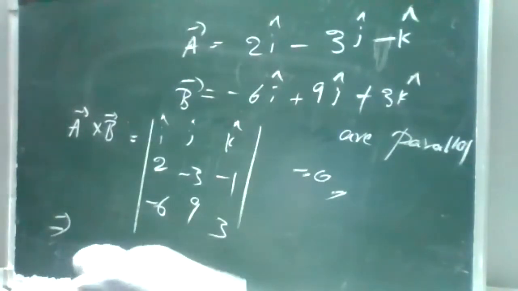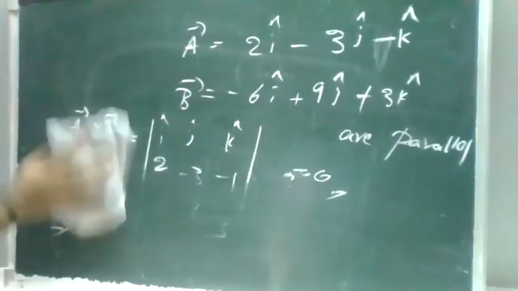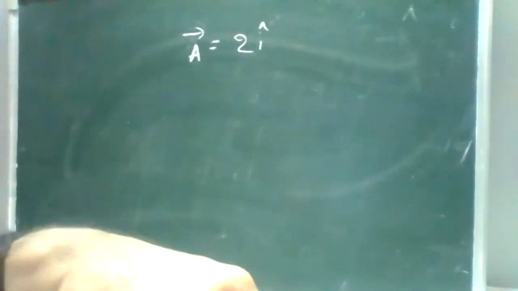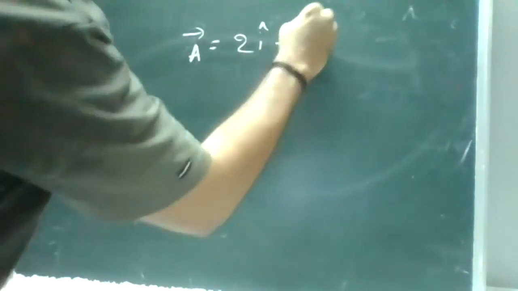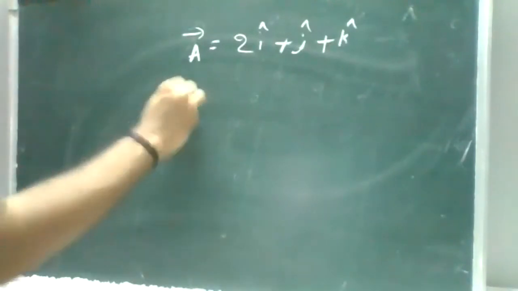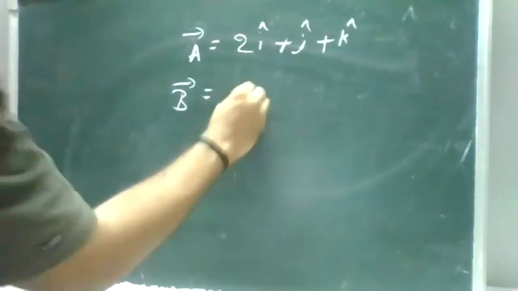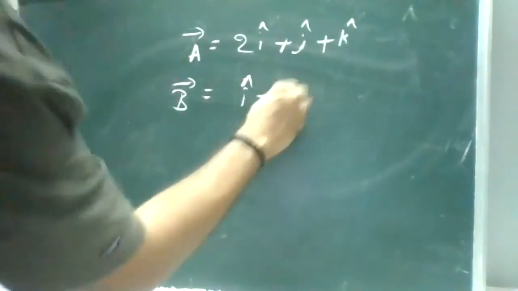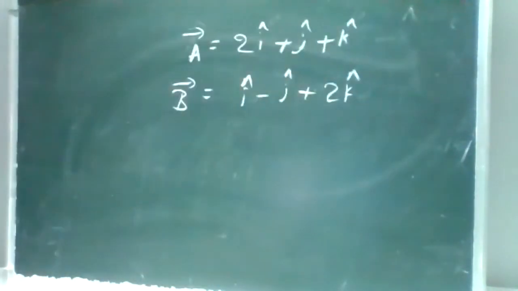Now, take the question. Determine a unit vector perpendicular to both A vector, which is equal to 2i cap plus j cap plus k cap, and B vector, which is equal to i cap minus j cap plus 2k cap.